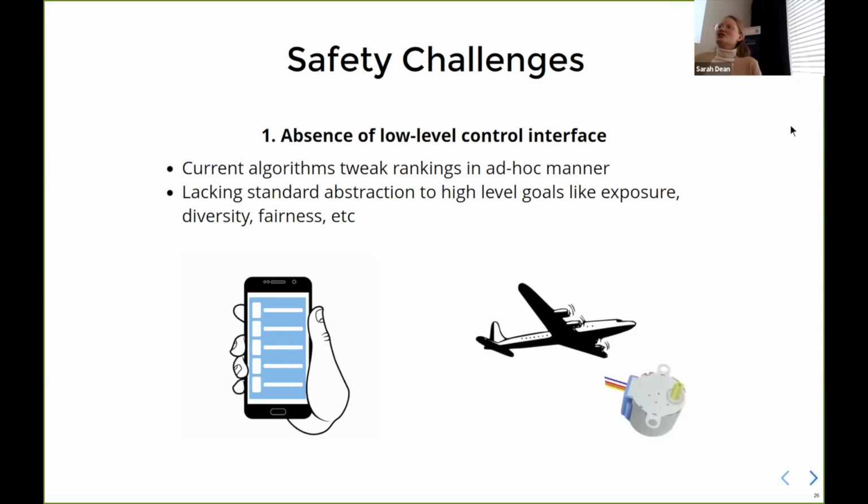And to make an analogy, it would be like if we were flying airplanes by sending voltage commands. Okay, I know airplanes don't actually run on electric motors, but let's say you have a drone and we're sending individual voltage commands to each of our motors rather than higher level thrust and pitch and roll and yaw commands.